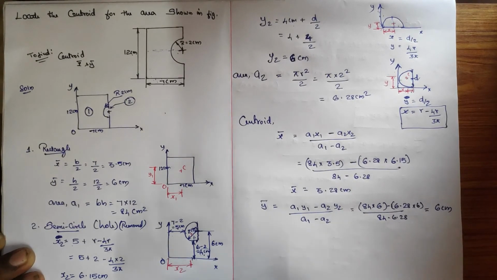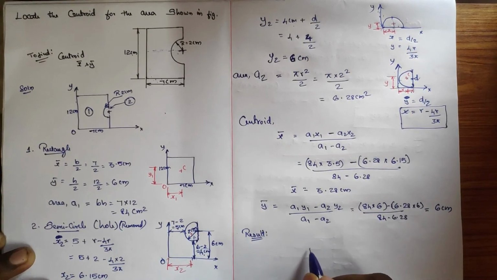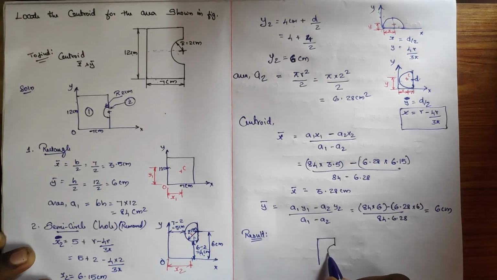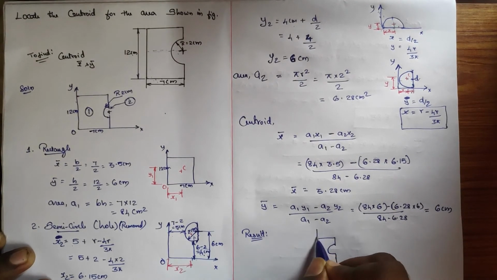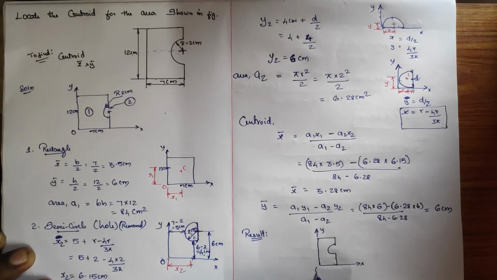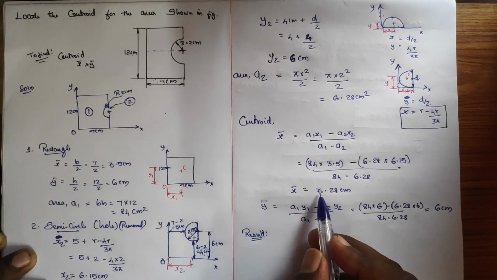The next is the result. After finding it, we have to plot the result. So this is how the diagram is. This is x and this is y. Okay, this is O. The entire length is 7. Here in the x-axis, it is 3.